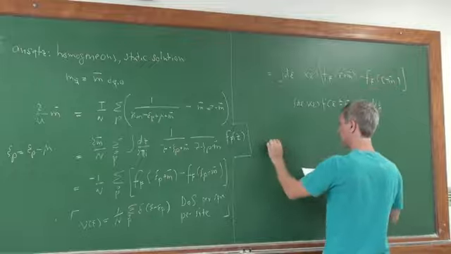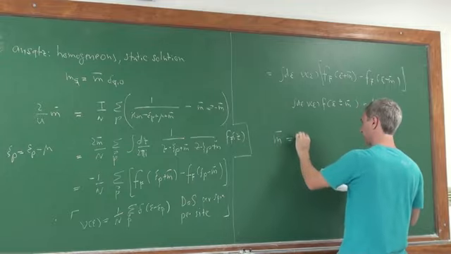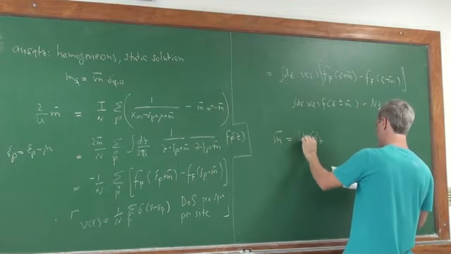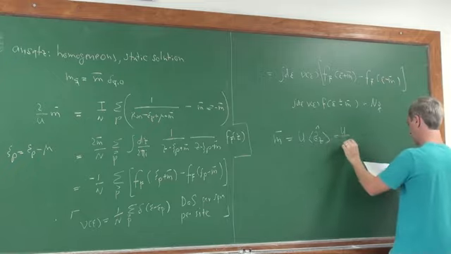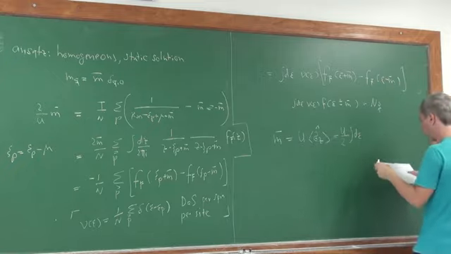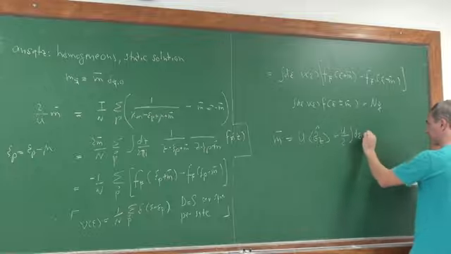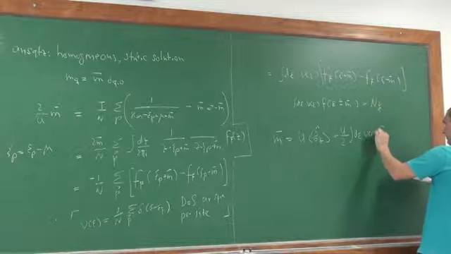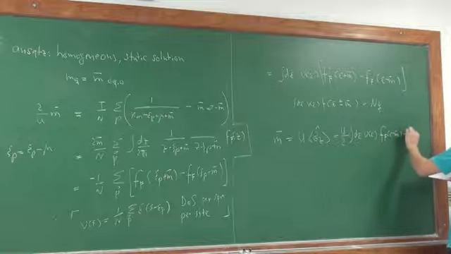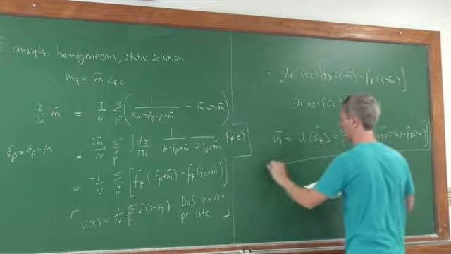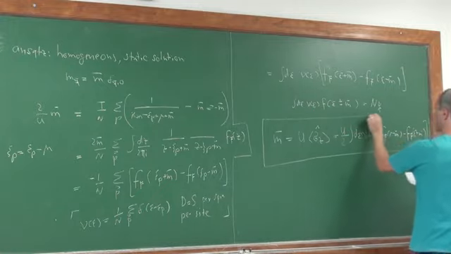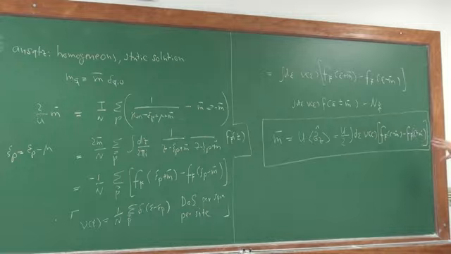We find that m bar equals U times the expectation value of the sigma z operator, and the expectation value of the sigma z operator corresponds to the difference of spin up and spin down, which is written explicitly here. This is the mean field equation. Okay?